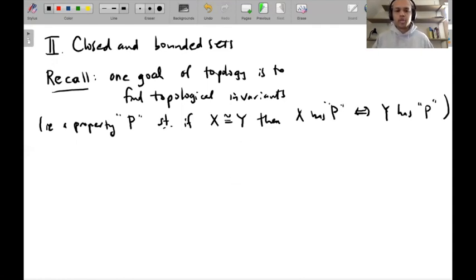It is a property of spaces up to topological equivalence, preserved by topological equivalence. We're going to be moving towards defining a new topological invariant, which is called compactness.